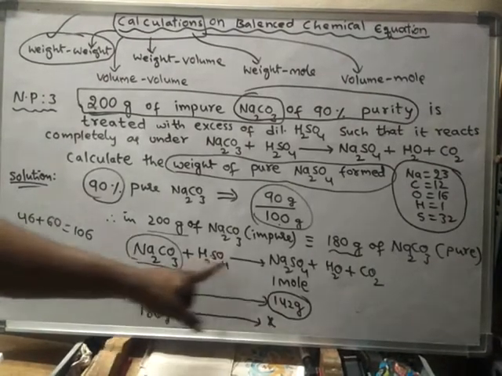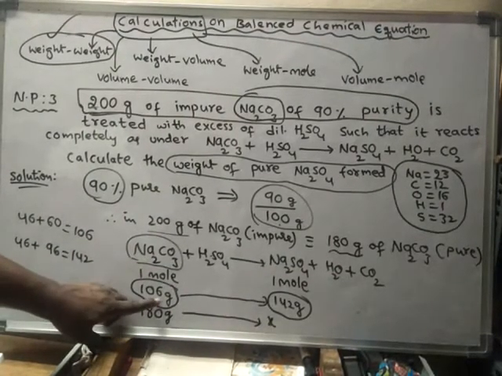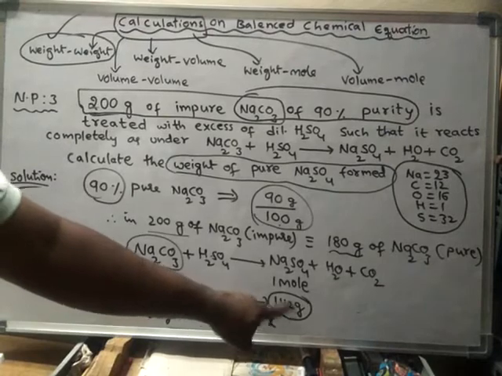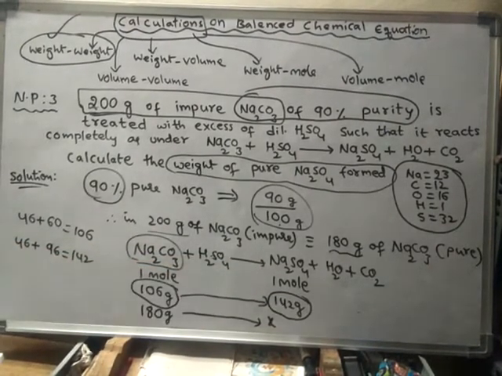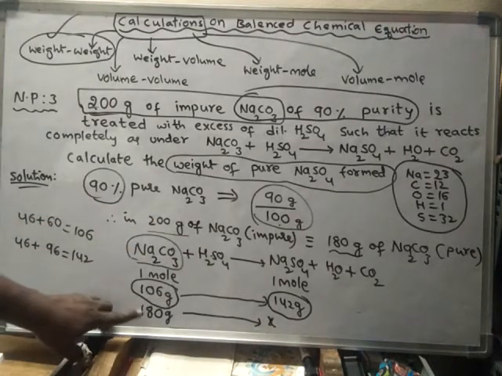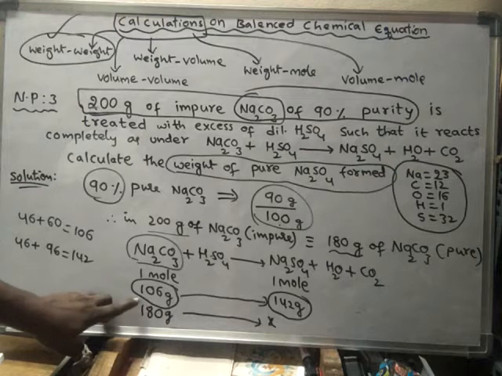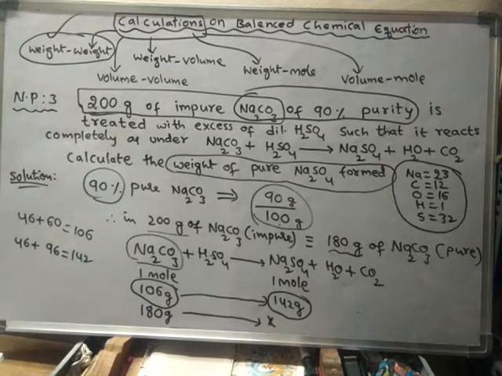According to the balanced chemical equation, every 106 grams of sodium carbonate can produce 142 grams of sodium sulfate upon reaction with sulfuric acid. Here instead of 106 grams we have 180 grams. Then how much sodium sulfate is produced?